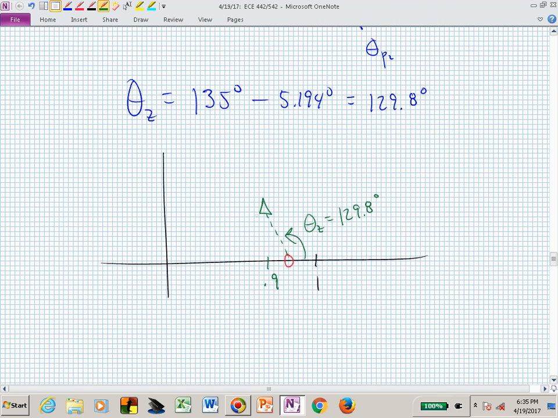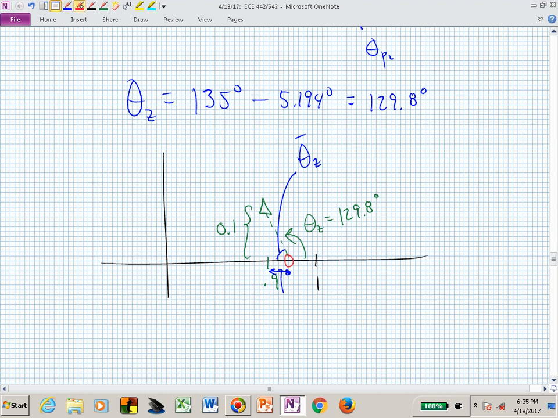What do I know? Well, I know that this distance is 0.1, and if you wanted to, I could work with this angle, since I like working with angles less than 90, and these right triangles are easier to deal with. So if I call this theta sub z bar, the supplementary angle to theta sub z, I can now compute what this horizontal distance is between 0.9 and the beta location.